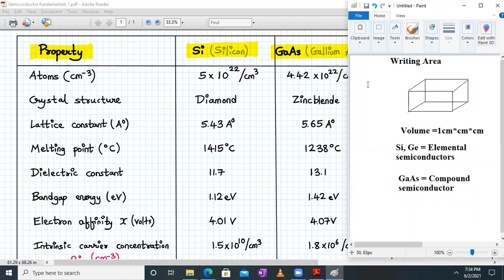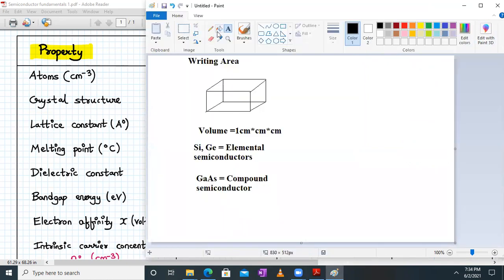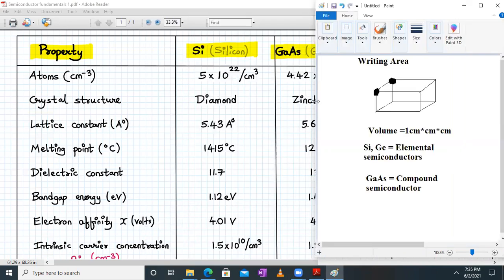One is over here, and one is over here, let's say. What's the distance between the two silicon atoms? That's my lattice constant, and its unit is angstroms.